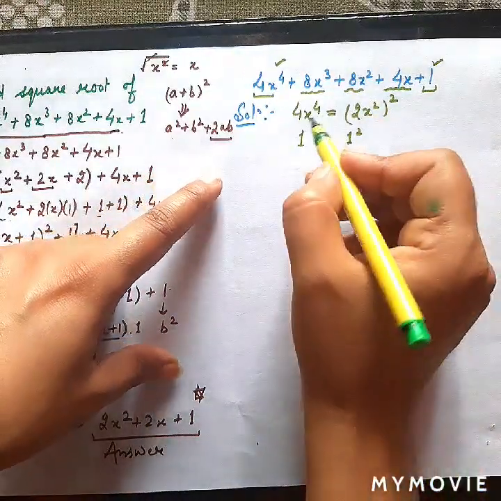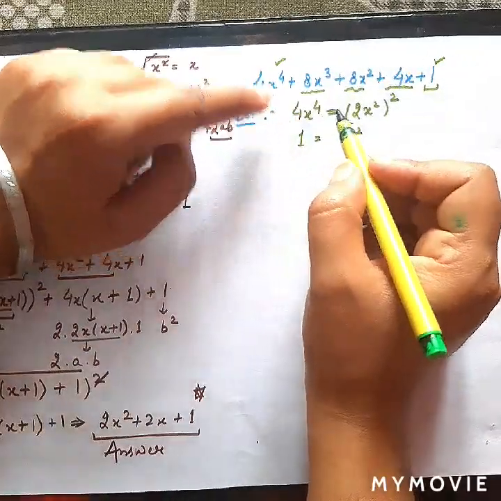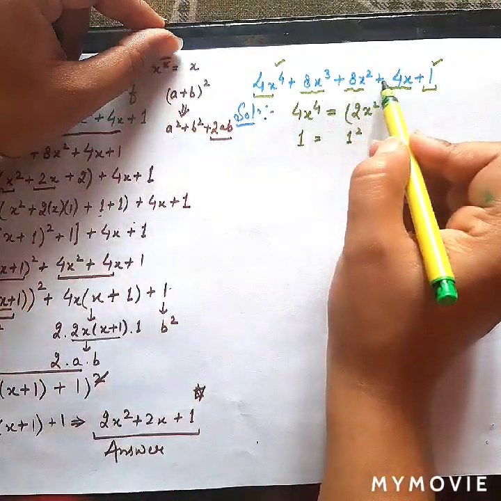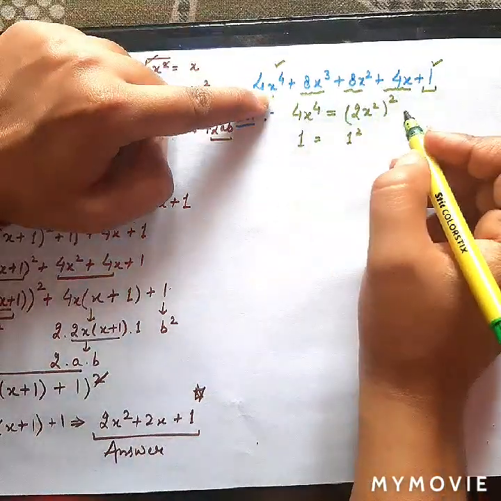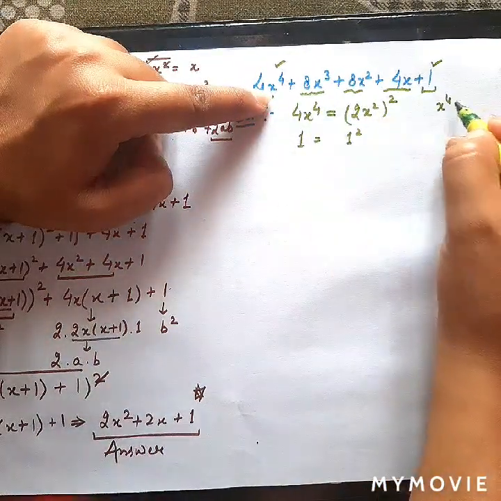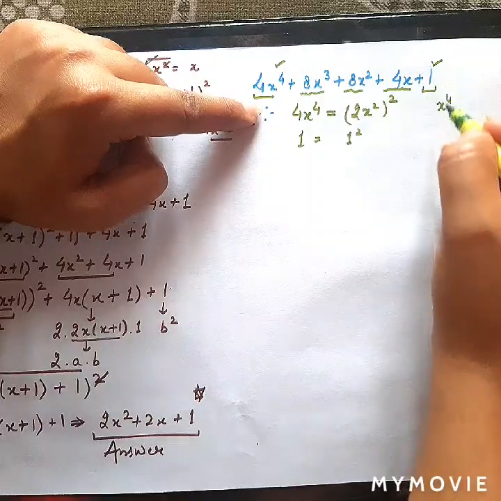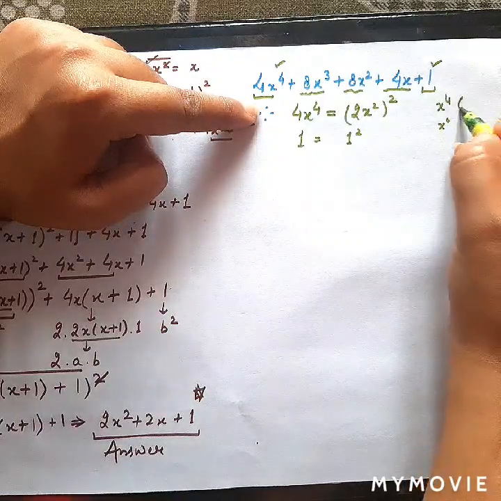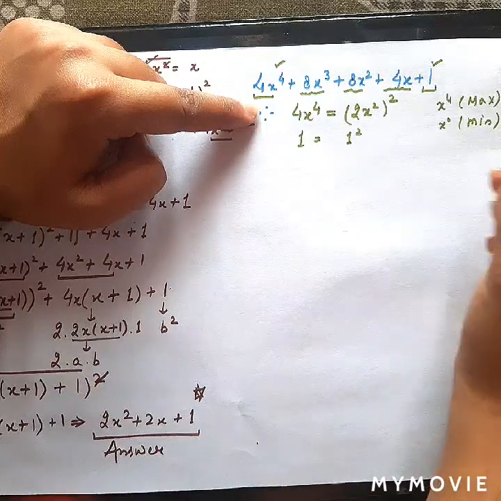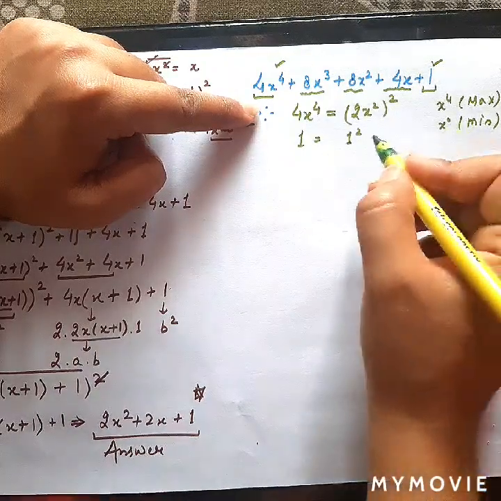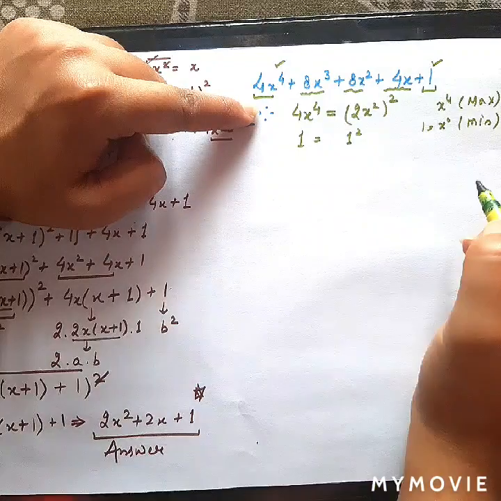Obviously the power of these values lies in between. x raised to power 4 is the maximum power, and x raised to power 0, which is equal to 1, is the minimum power of the polynomial, right?